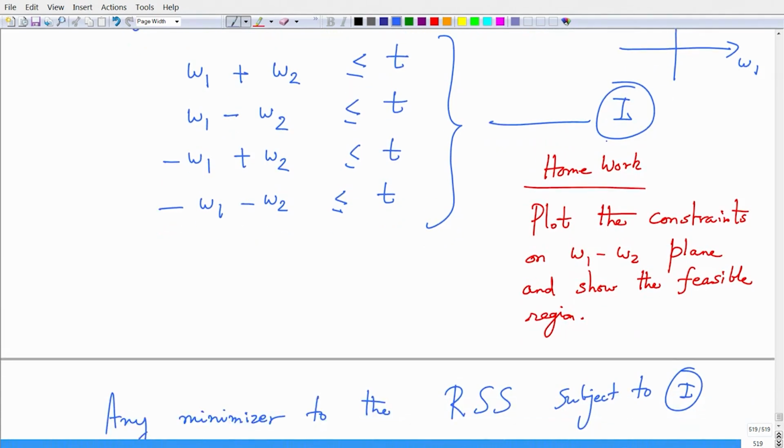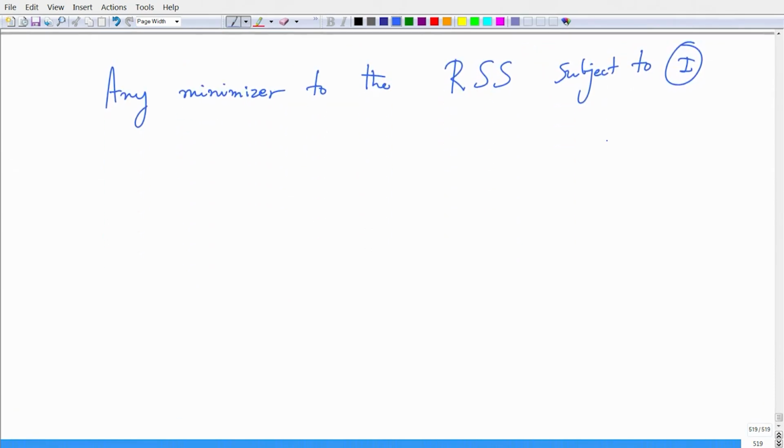So, I look at the residual square sum, which is the L2 norm of x w minus y, the L2 norm squared, and any minimizer to this subject to these constraints will minimize our cost. And the cost is given by equation 2, which is our optimality, which is our constraint cost formulation.